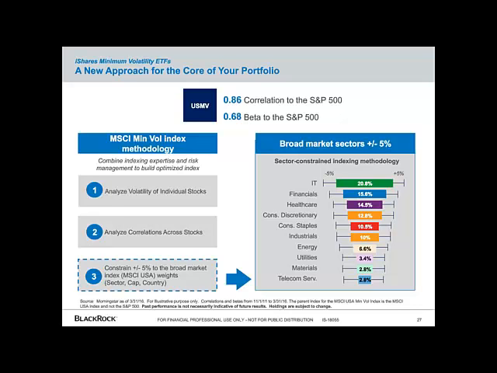It constrains sectors to plus or minus 5% of that sector's market cap weighting. It constrains countries in international strategies to that same plus or minus 5%. And it also constrains individual security weights and risk factor exposures so that in the end you have a portfolio that is predominantly lower beta securities, but a portfolio will also allow for the inclusion of higher beta stocks to the extent that they're diversifying and can help contribute to sector, country, or risk factor balance.